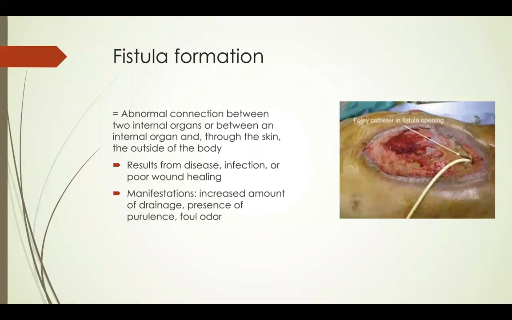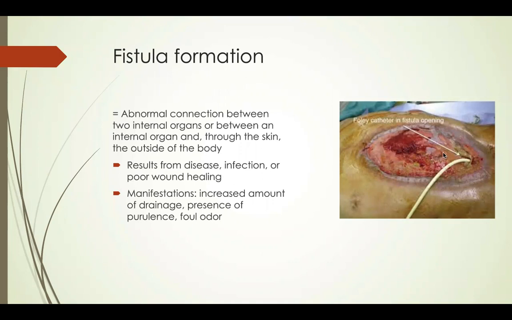Fistula formation. Fistulas are gross. These are an abnormal connection between two internal organs, or between an internal organ and through the skin, outside of the body. In this picture, you can see a Foley catheter going into a fistula in the wound.